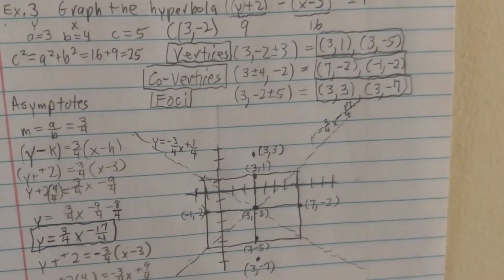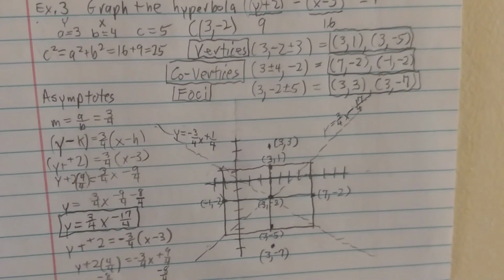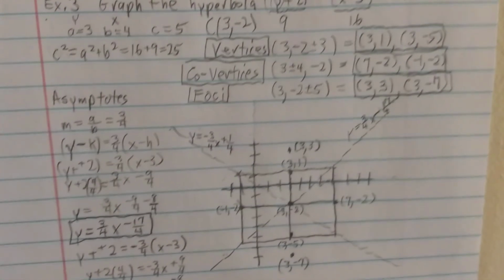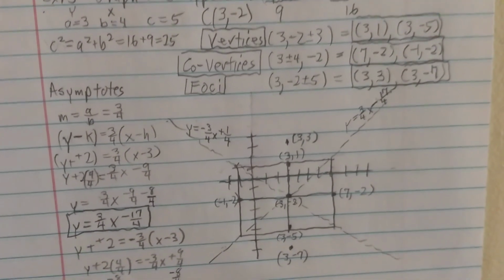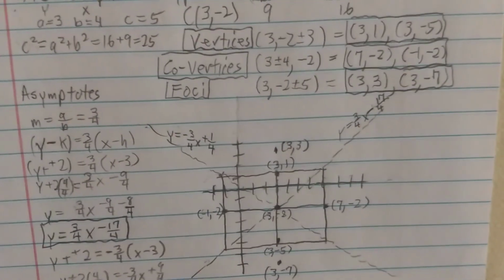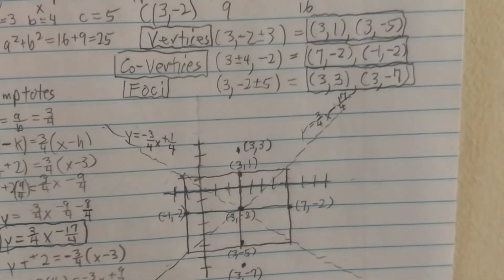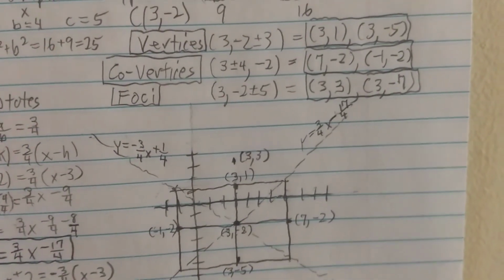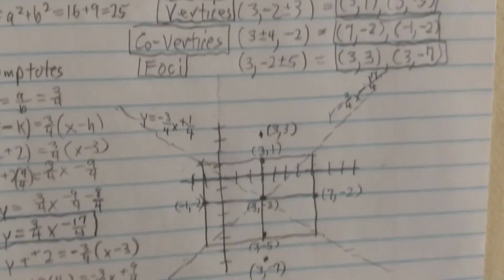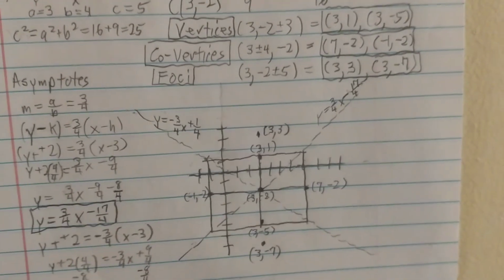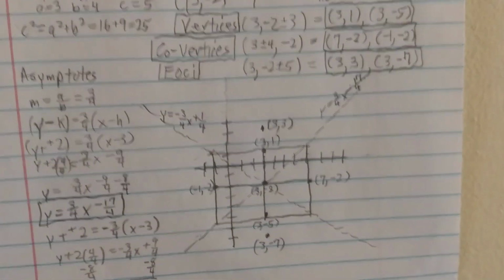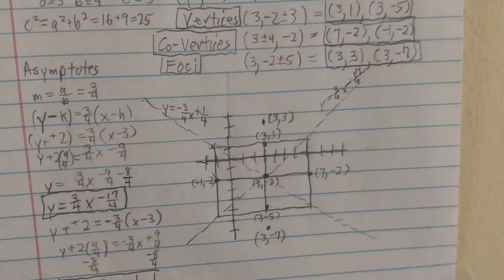So we take our center for the vertices 3, negative 2, but we take the negative 2 as plus or minus 3, which is a. So one vertex is 3, 1. The other vertex is 3, negative 2 minus 3, or 3, negative 5. The covertices, which are on the x-axis, are 3 plus or minus 4, comma, negative 2.